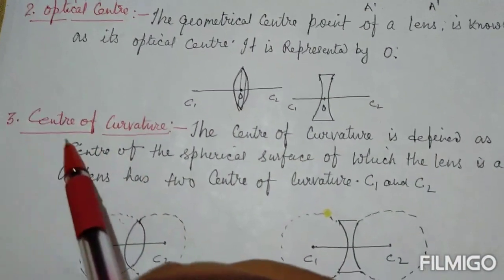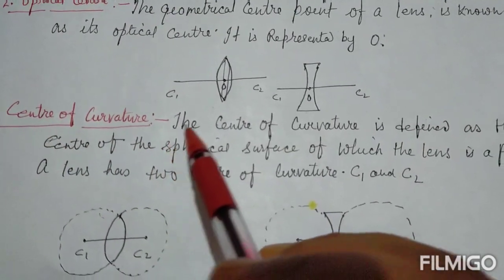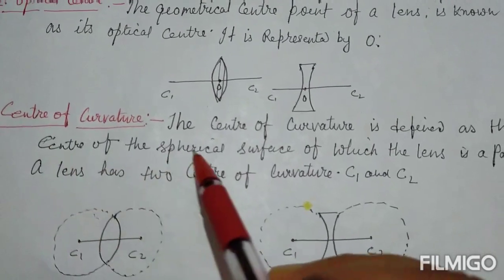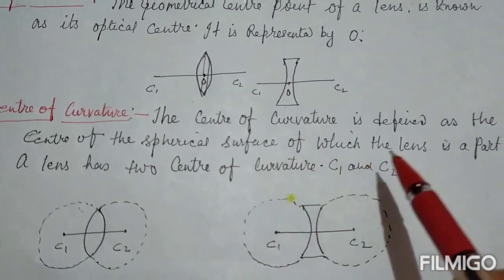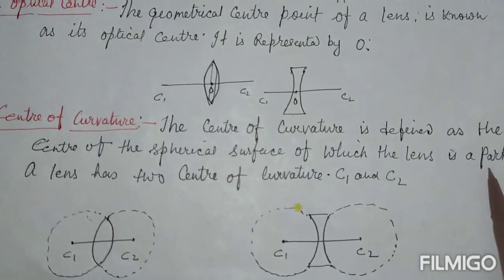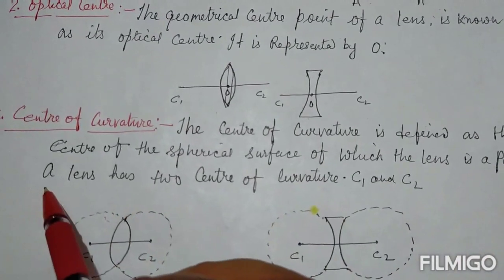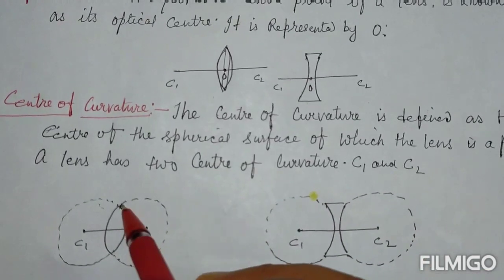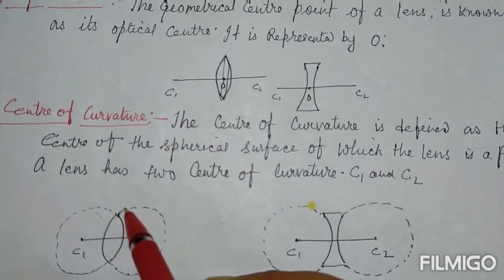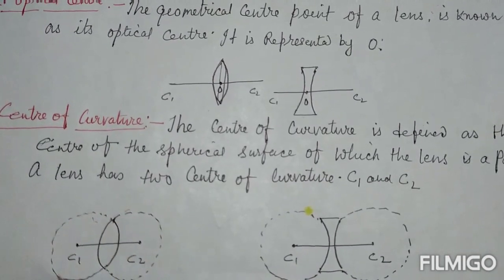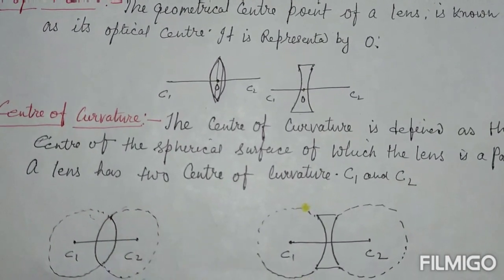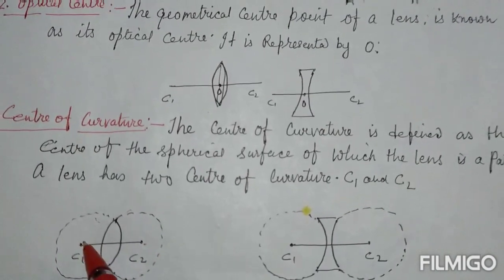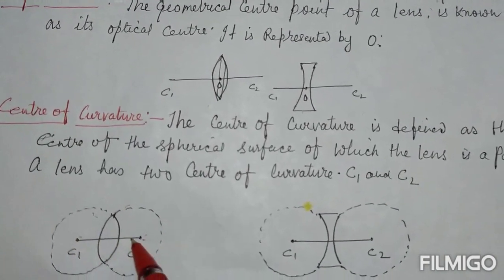Now, center of curvature. The center of curvature is defined as the center of a spherical surface of which the lens is a part. A lens has two centers of curvature, meaning this convex lens is a part of these two spheres, and these two spheres have center points, and these center points are called centers of curvature.